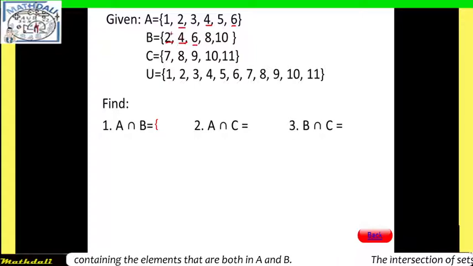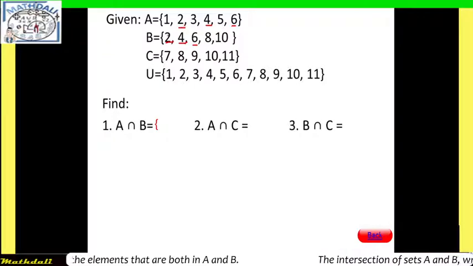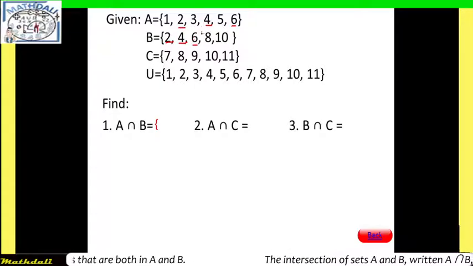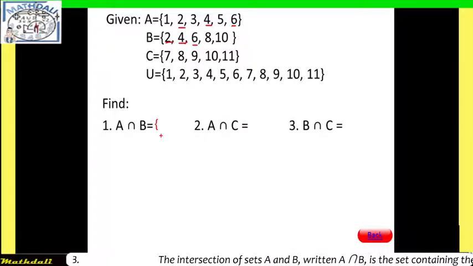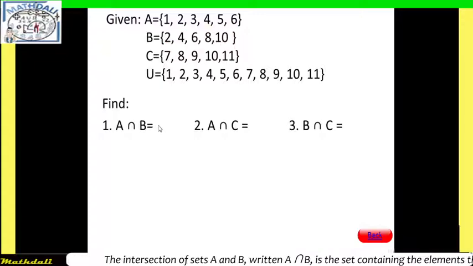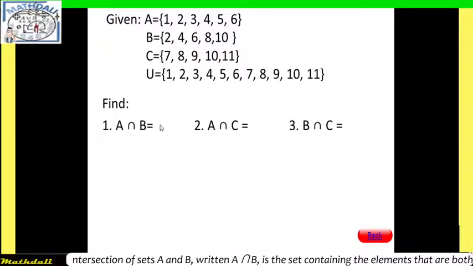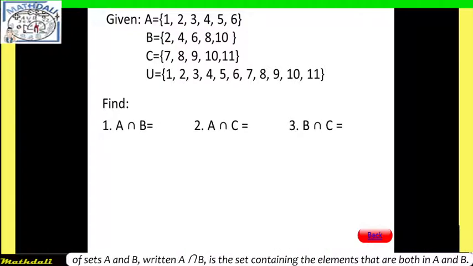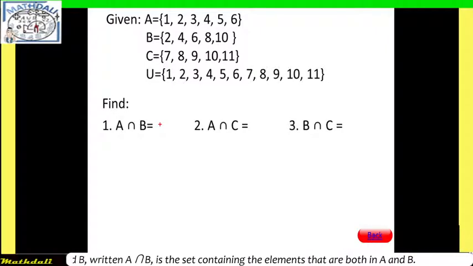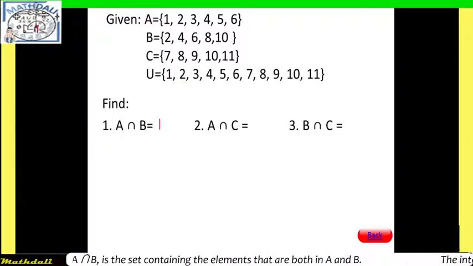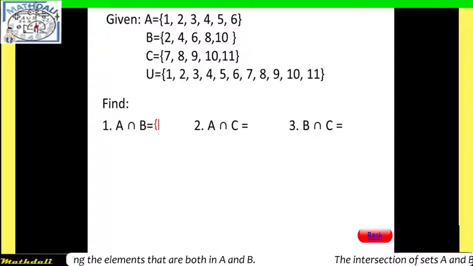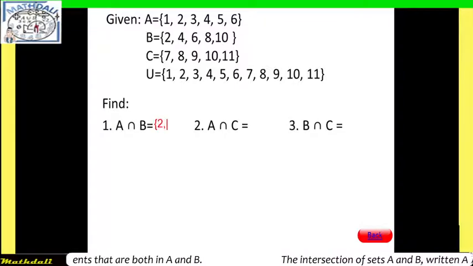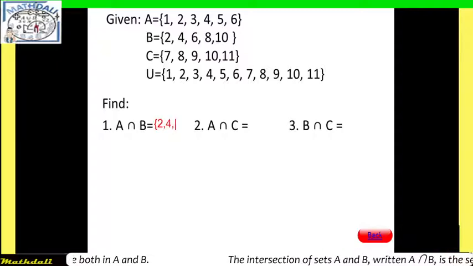So those are the common elements of set A and set B. So iyan ang ating intersection. We have the intersection of set A and set B: 2, 4, and 6.